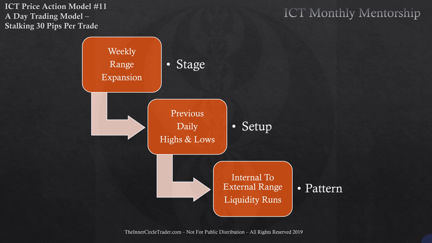This setup is going to be focusing on previous daily highs and lows, so you're going to be focusing primarily on the daily chart for your bias, your directional draw on liquidity. Is the market going higher or lower? What's it reaching for? But you're going to be using that inside of the scope of the weekly range expansion.